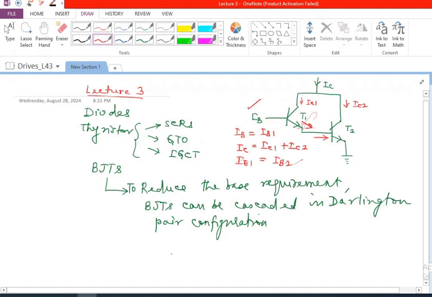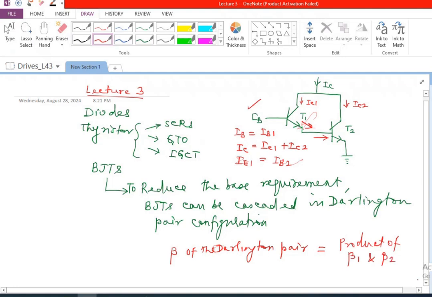So we would have roughly the beta of the Darlington pair. That is, the current amplification of the Darlington pair is going to be approximately the product of beta 1 and beta 2.